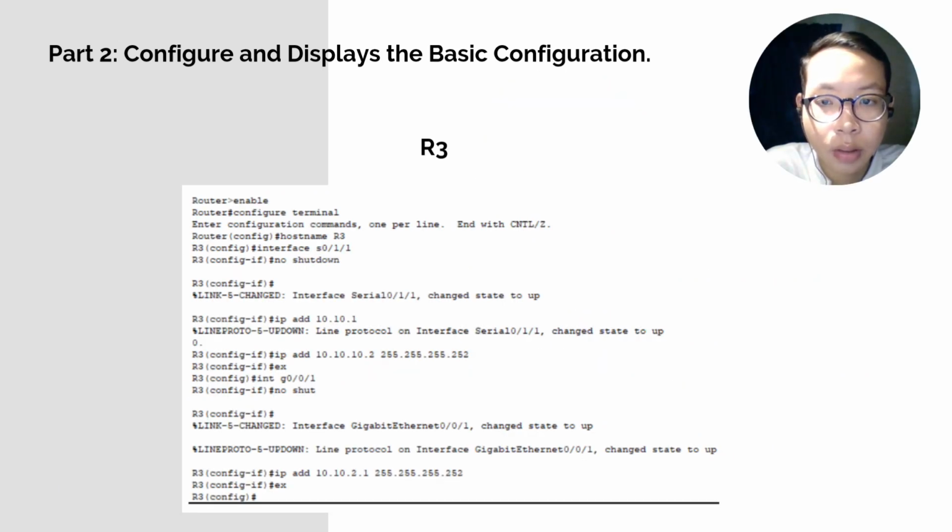For the R3 configuration, we change the host name to R3, we enter the interface and we no shutdown. Then we include the IP address on the interface, and the rest of it, we include the IP address from the addressing table that we showed before.